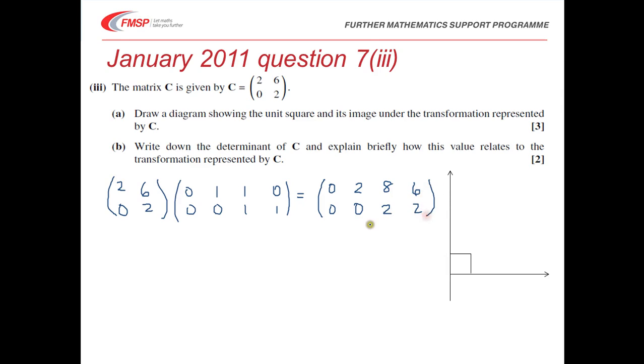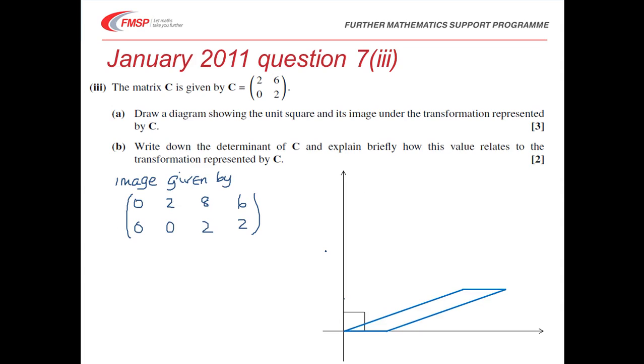So you may have been able to write these two down simply by using the first 2 columns of the matrix. Remember, (2, 0) tells us that that's the image of (1, 0), and (6, 2), the second column, tells us that that's the image of (0, 1). So we have those points, and what we need to do now is to mark them on a diagram.